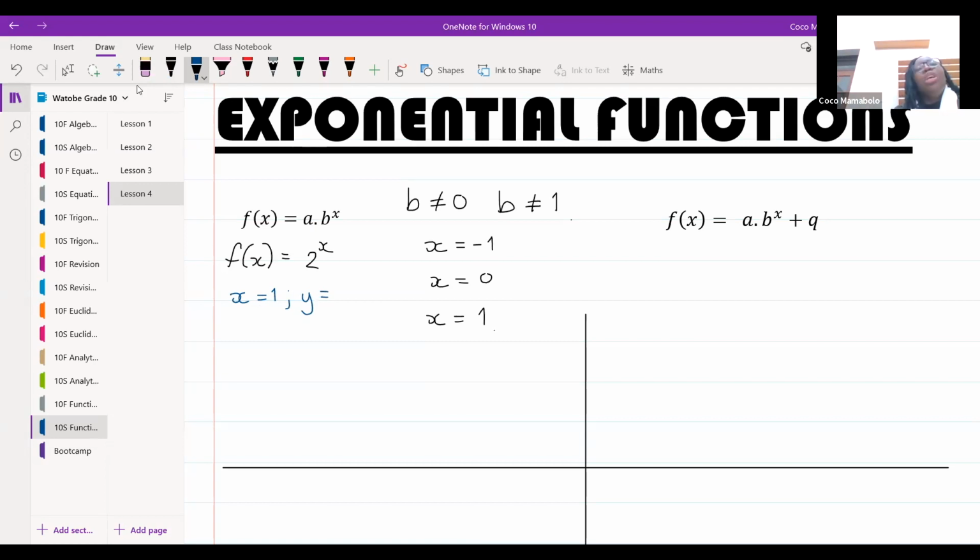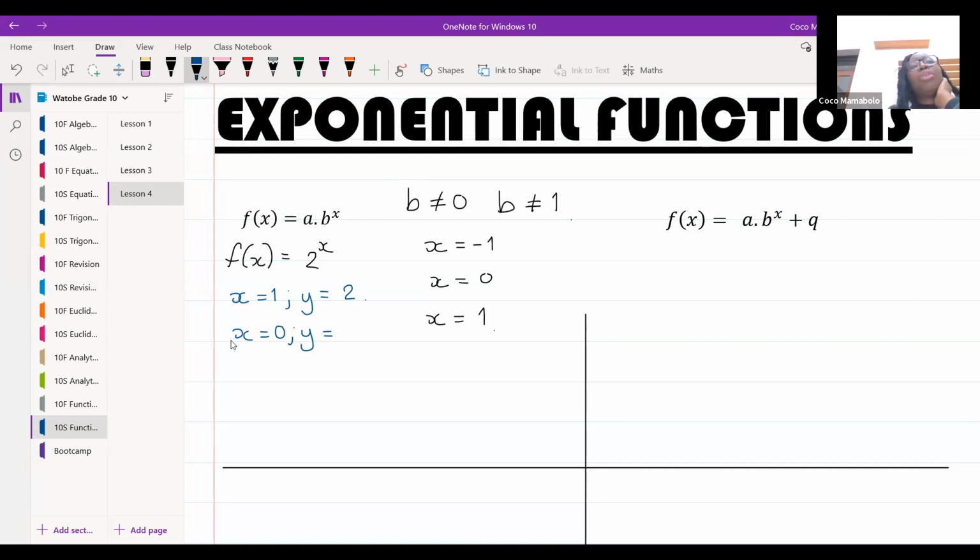Good. It's equal to 2. It's 2 to the power of 1, so I'm going to get 2. If my x is equal to 0, what will I get? Y will be equal to what? Good. Y will be equal to 1 because I will have 2 to the power of 0.